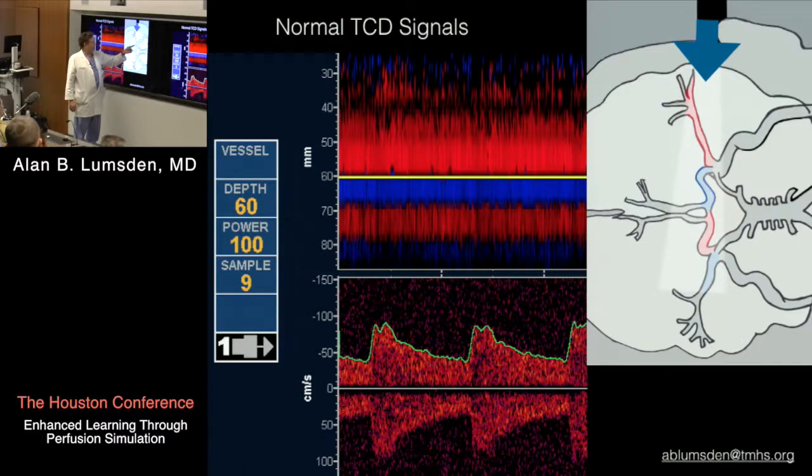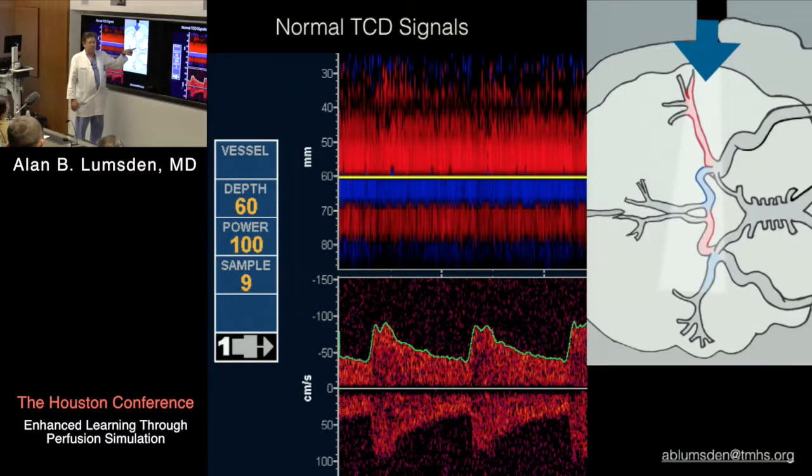In theory, blood flowing away from your probe as in the anterior cerebral artery should be blue. Okay? But if the internal carotid artery is occluded on the left side, blood will come up the opposite side, will flow to the surface of the brain. That's away from the probe, should be red. Should be coming towards the probe.